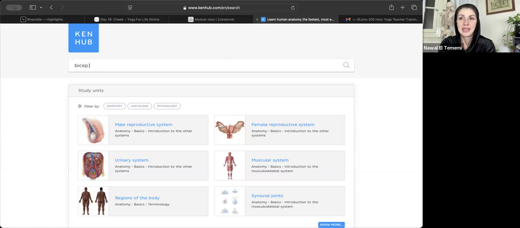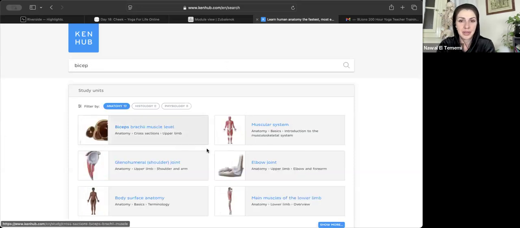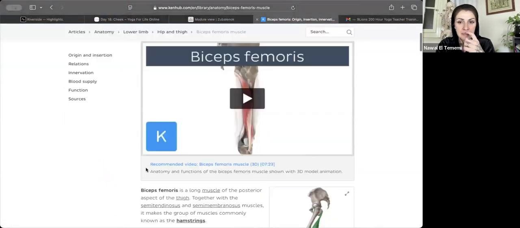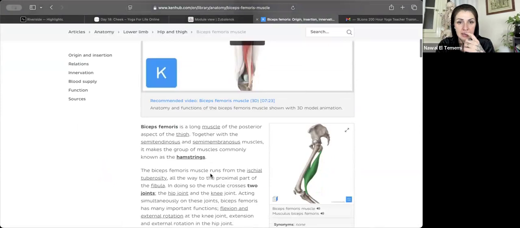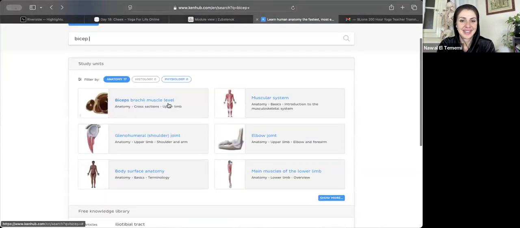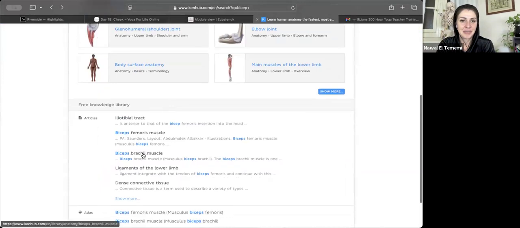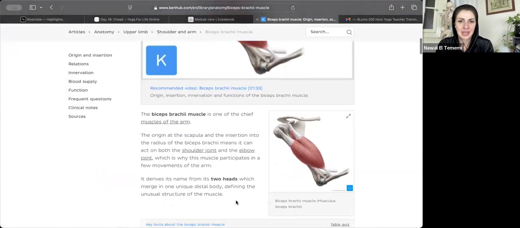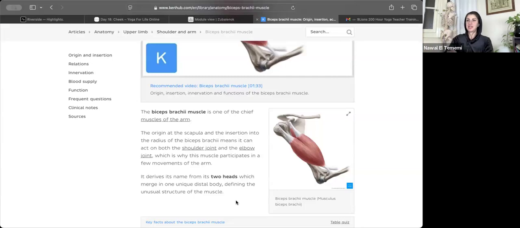Next, we'll go into the bicep, just into the arm. Oh, sorry, that's the lower leg. There's another bicep: biceps brachii. If I'm lifting weights this way, these are the biceps.